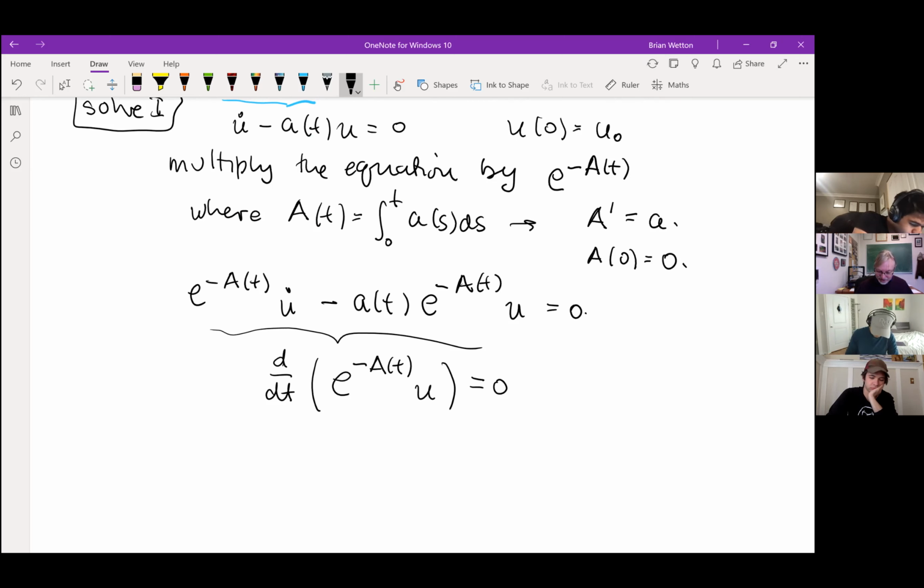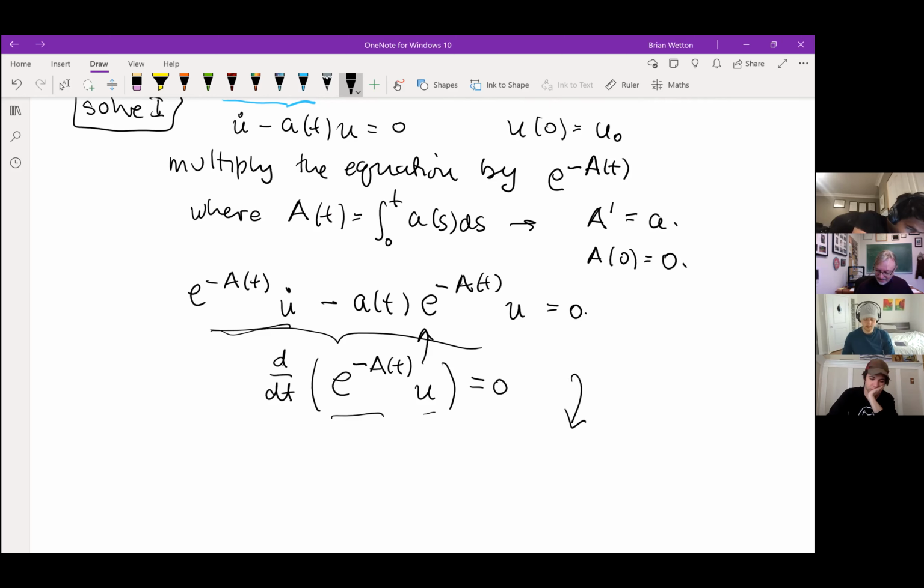Well, I can just check that it works. I take the derivative on the two sides separately. Leave this exponential alone, I get this term. And then if I leave the u alone, I have to take the derivative of e to the minus a of t, and here's where I use the chain rule, and I get exactly the expression there.